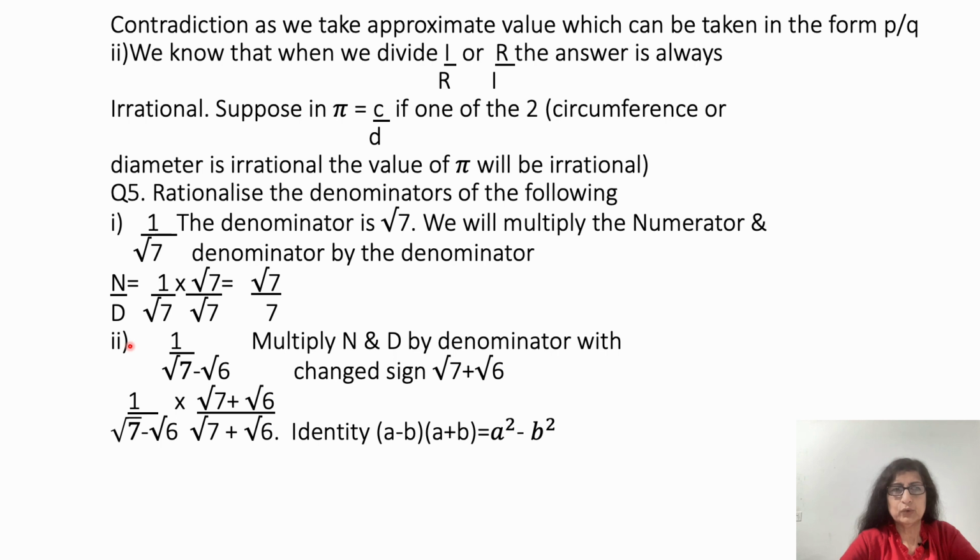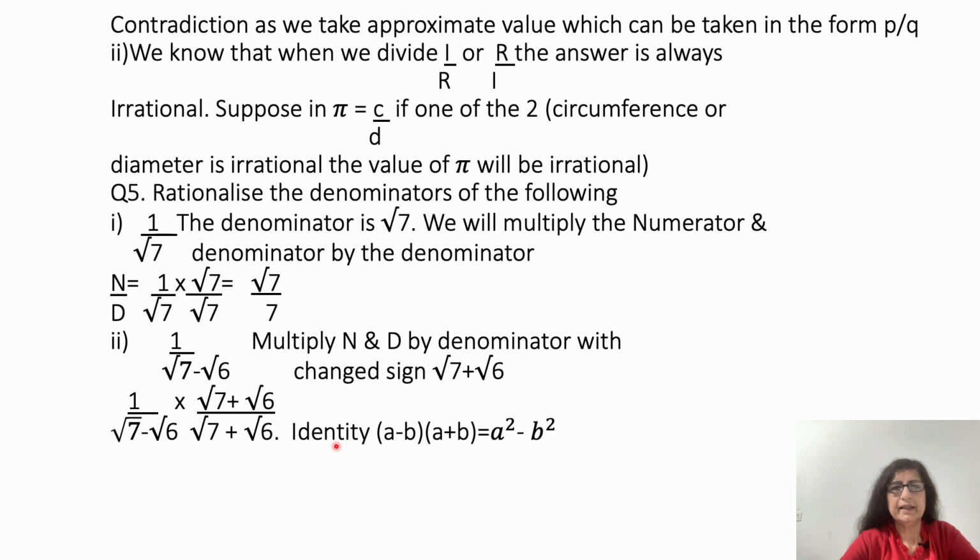Moving on to part 2, 1 upon under root 7 minus under root 6. Multiply numerator and denominator with the changed sign, under root 7 plus under root 6. We get 1 upon under root 7 minus under root 6 multiplied by under root 7 plus under root 6 upon under root 7 plus under root 6.